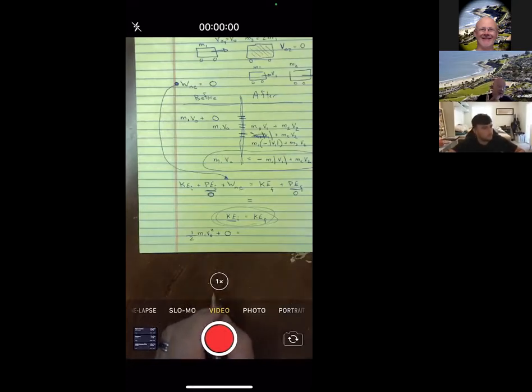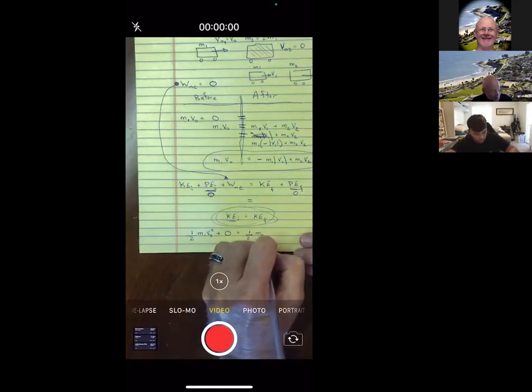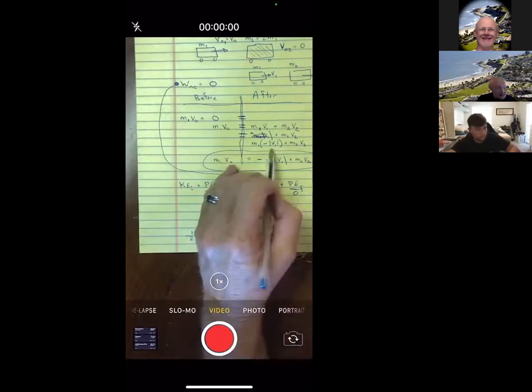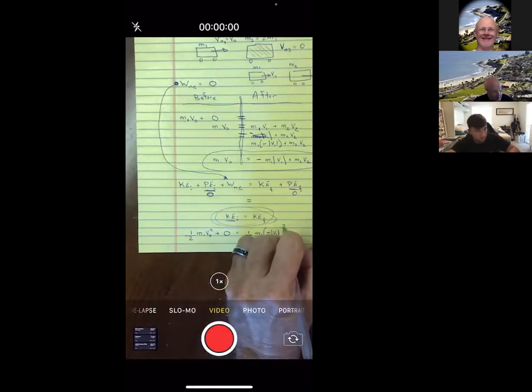And now after the collision, it's 1/2 m1, and I'll write it in parentheses as we did back up here with the momentum. It would be a negative times the absolute value of v1, squared.